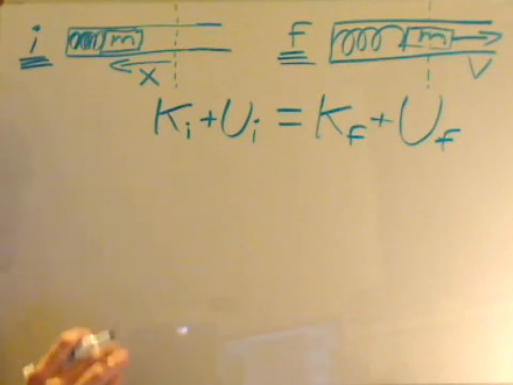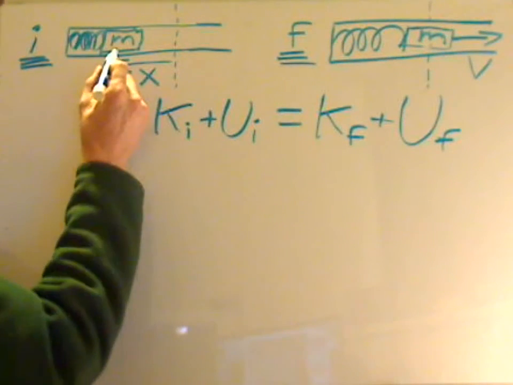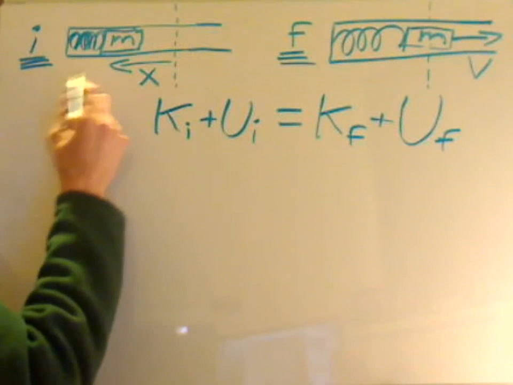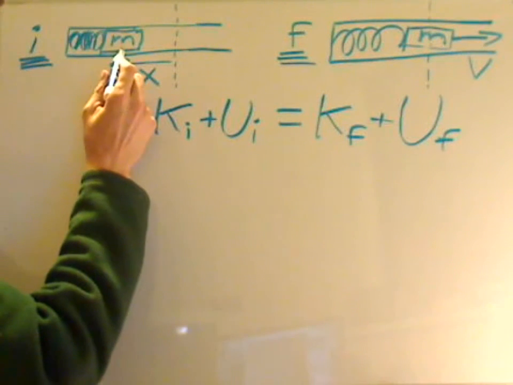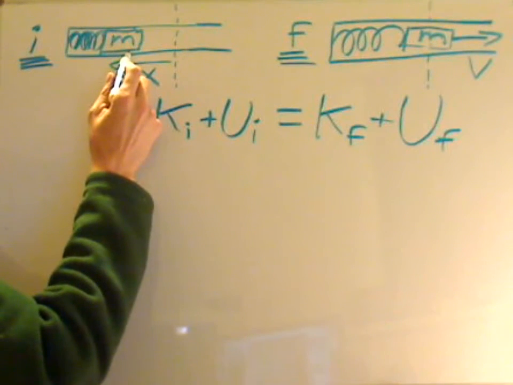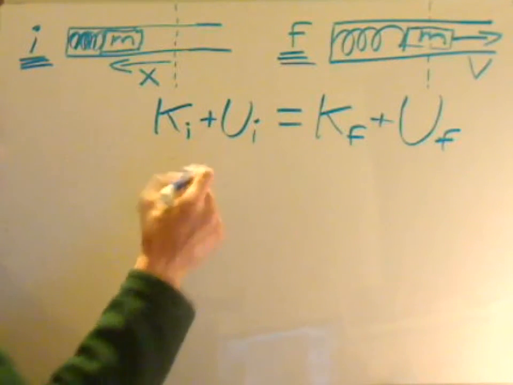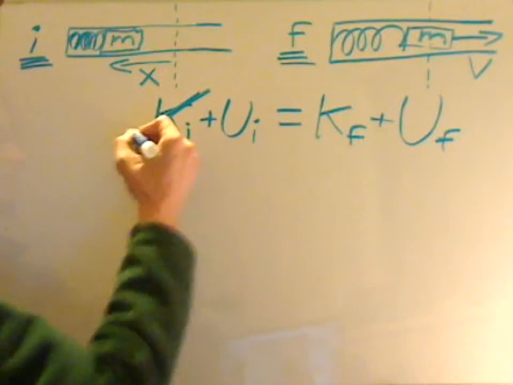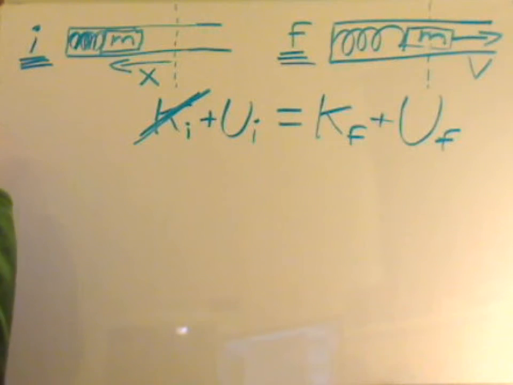And we can right away simplify this expression. First of all, we're starting with the mass at rest in our initial situation. So the kinetic energy in the initial situation is 0. So we can eliminate that right off.